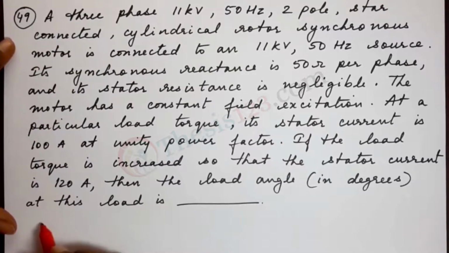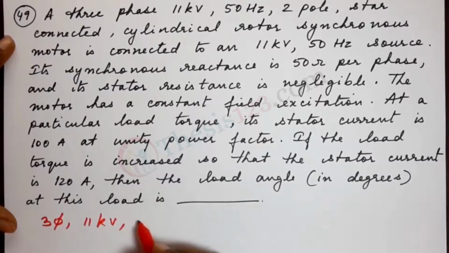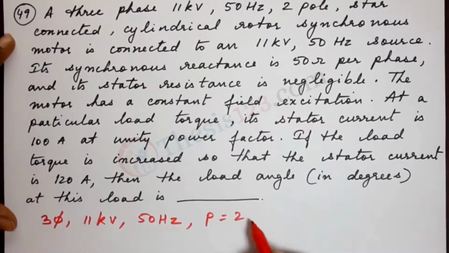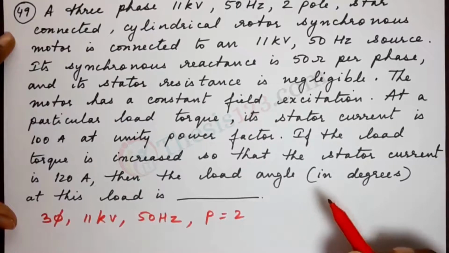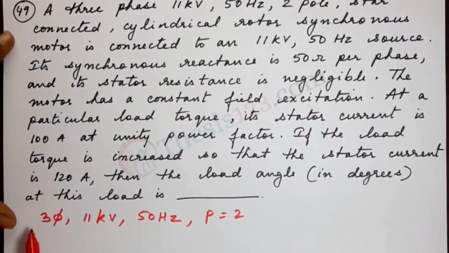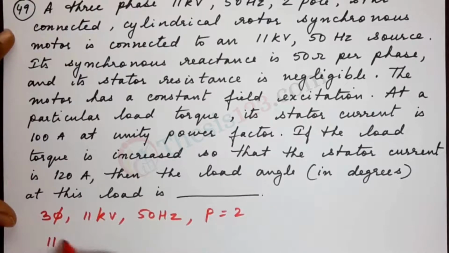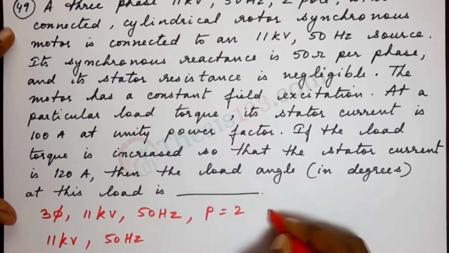We have been given that this is a three-phase 11 kV 50 Hz 2-pole star-connected cylindrical rotor synchronous motor. So that is for the motor. Next, we have our source. Our source is 11 kV 50 Hz.